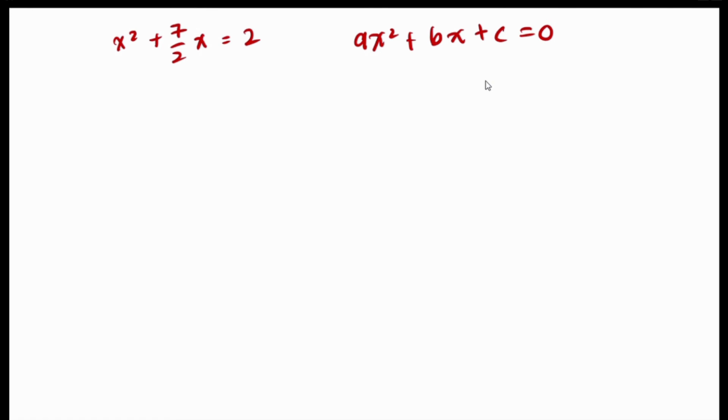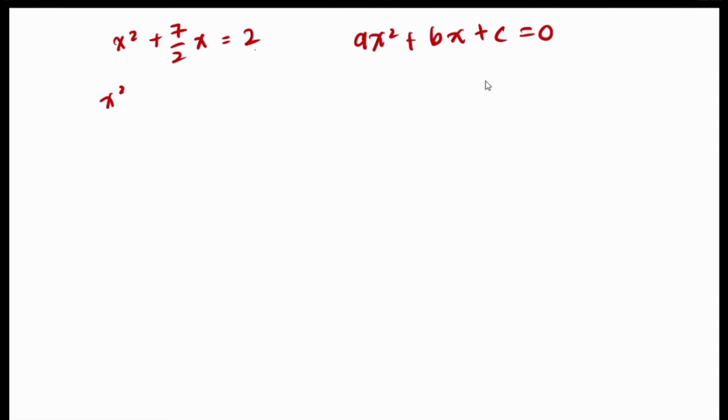Okay, and then how do we make the quadratic equation in general form? So we just transfer 2 to the left hand side. We will get x squared plus 7 over 2x minus 2 equal to 0.